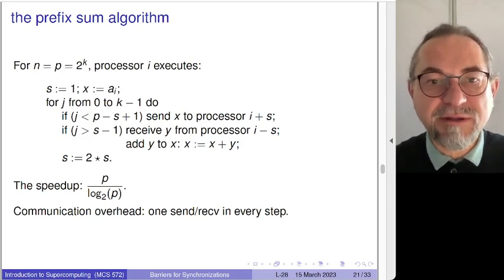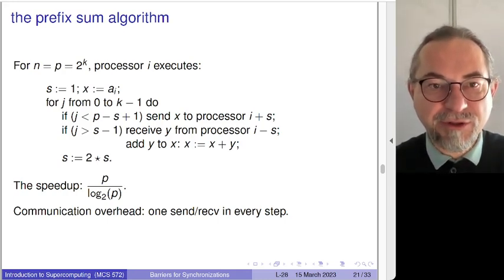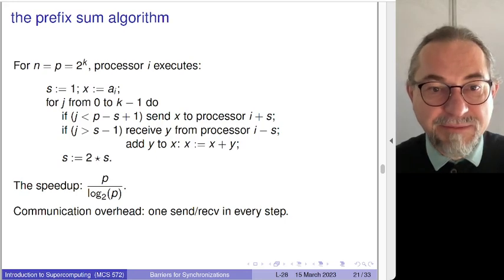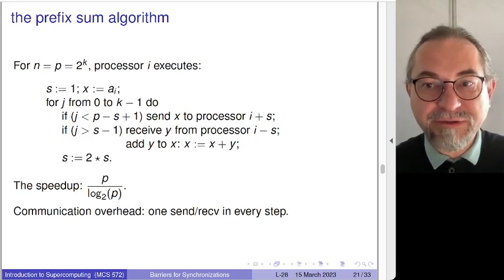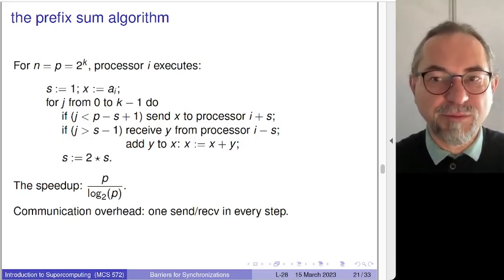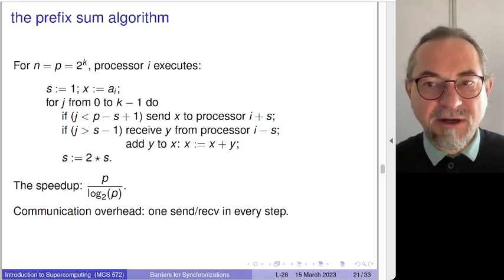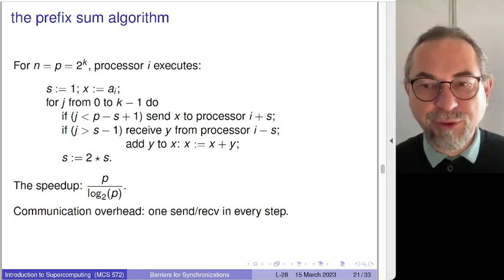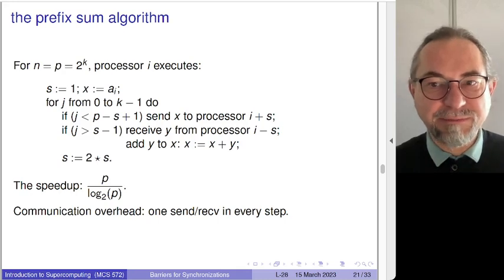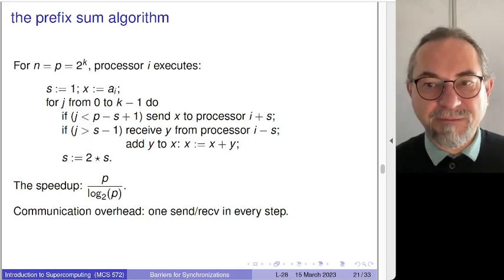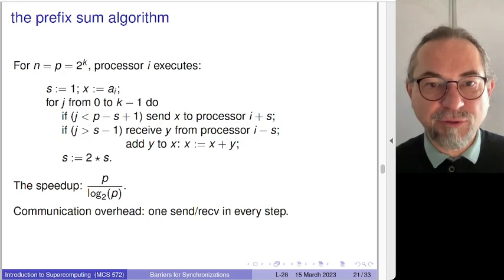So here we consider the number of elements to be the number of processors. If the number of elements is a lot larger than the number of processors, of course, that will always be the case, then in the initialization, the processors will compute subsums. So this will be chunked.